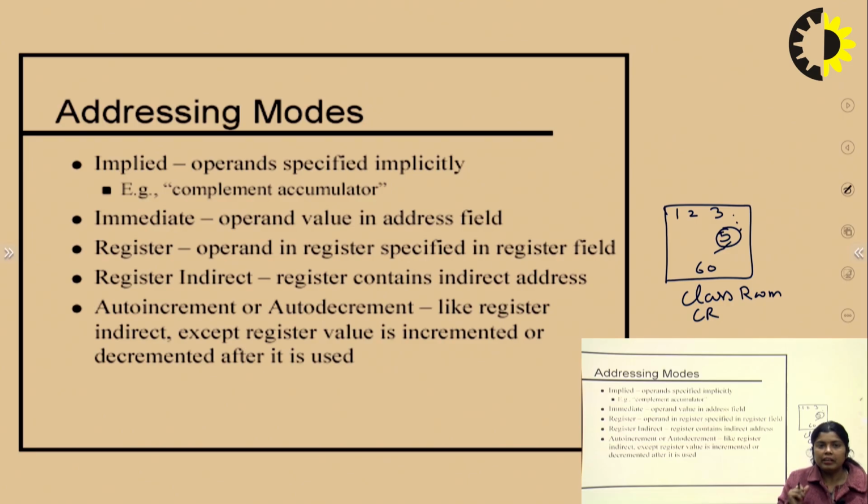First of all, where do I have to go? Even though that particular student's permanent address is their home, at this particular time, when the lectures are going on, that student can be found in the class.